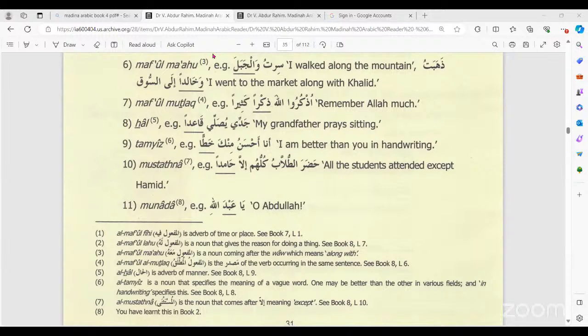Hal can sometimes be one word, qa'idan, whilst he was sitting, and it also can be a sentence, wahuwa qa'idun, while he was sitting.